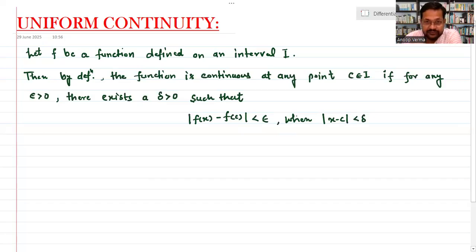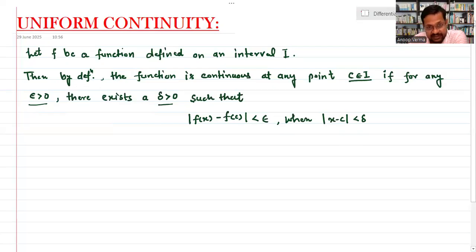So if I'm saying the function is continuous at this point c belonging to this interval, then for every epsilon, whatever we take, we are definitely able to find a delta such that mod of f(x) minus f(c) is less than epsilon when mod of x minus c is less than delta.